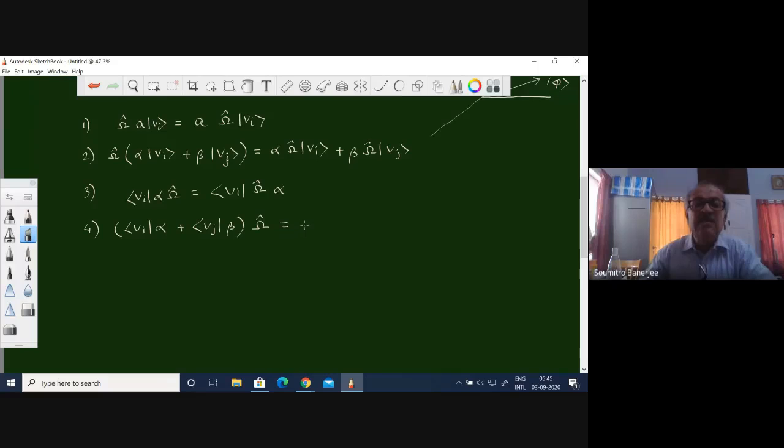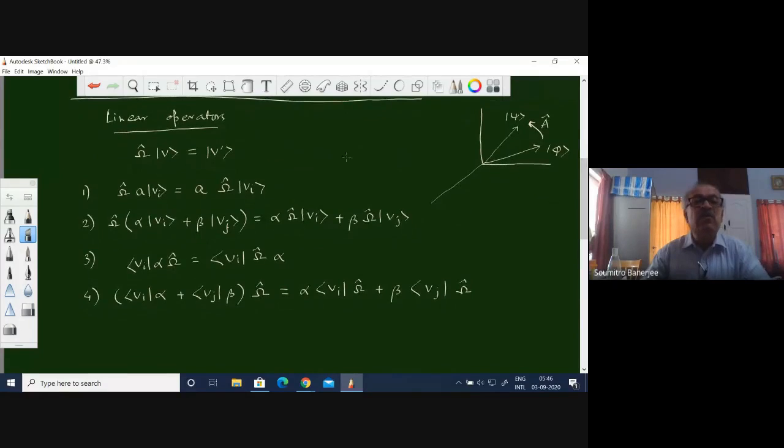This is equal to, again the distributive property will be operative, so alpha will come out, and it will be vi operating on omega, plus beta vj on that. So these are simple properties, almost following from common sense of linear operators. Our operators should be linear operators and should follow these properties, and therefore we can manipulate functions and operators this way.